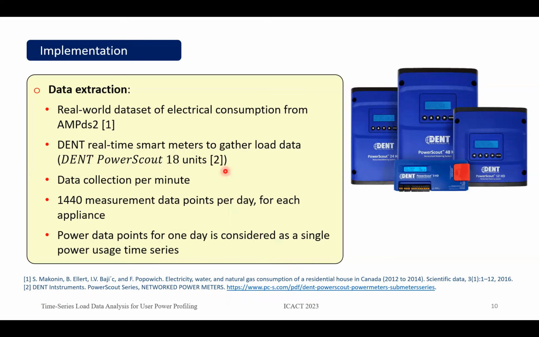Data collection was done every minute, so per day we have 1,440 measurement data points for each appliance, for each device like TV, refrigerator, and so on. Based on that, we have a data set for each device per day. So we consider the data points of a day as a single power usage time series for our measurement.